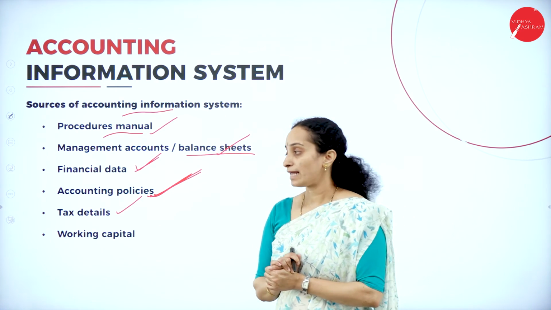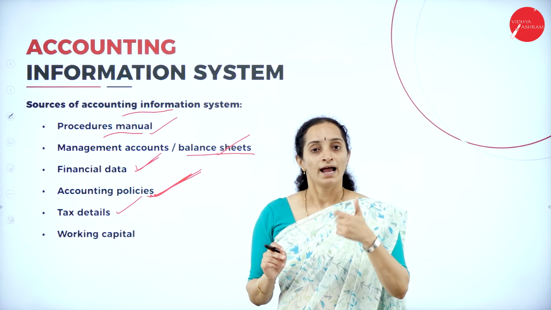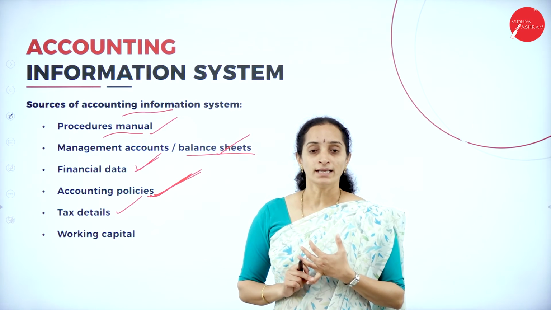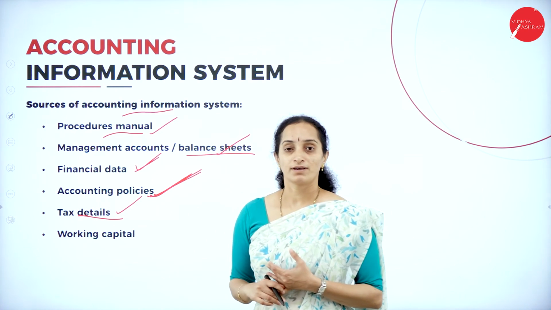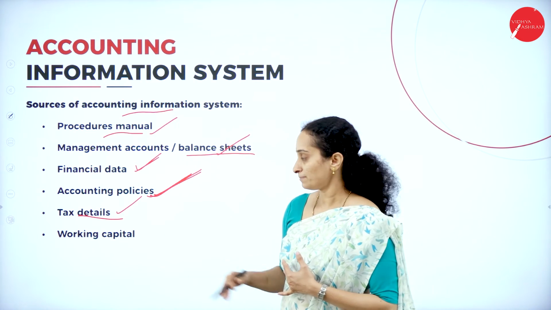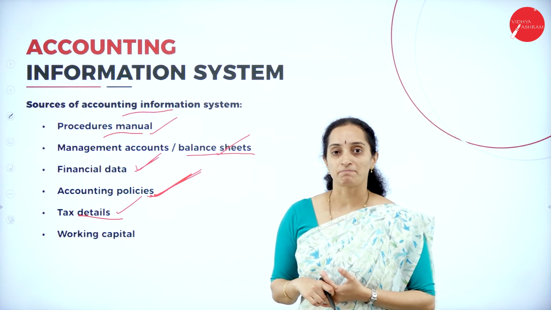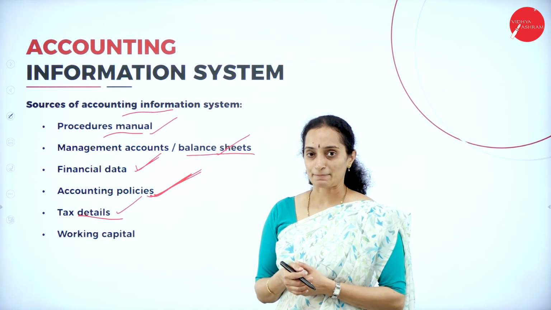All those tax details will be collected from the government departments and can be handled by the accounting information system. So they can get the tax details from the various departments of the government, income tax related and other tax related departments, and prepare the tax slabs.